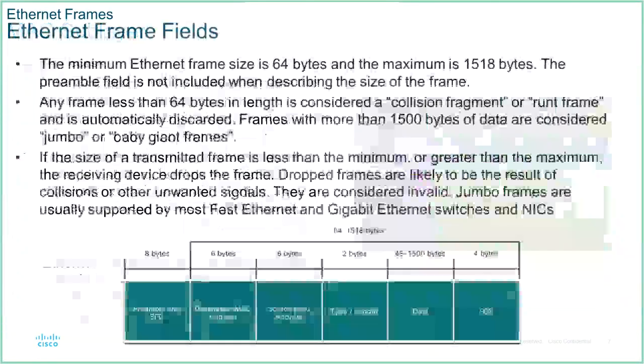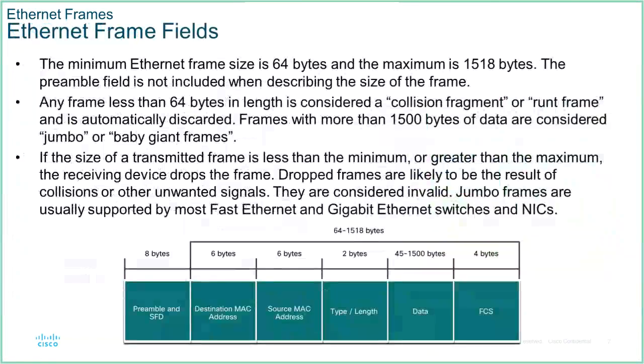Okay, frames are a minimum of 64 bytes and a maximum of 1518 bytes in length. So if you have a frame less than 64 bytes in total size, it's considered a collision fragment or a runt.